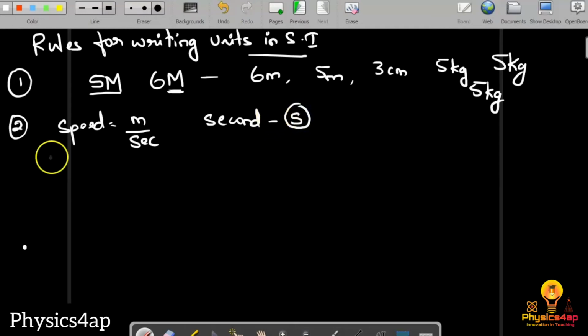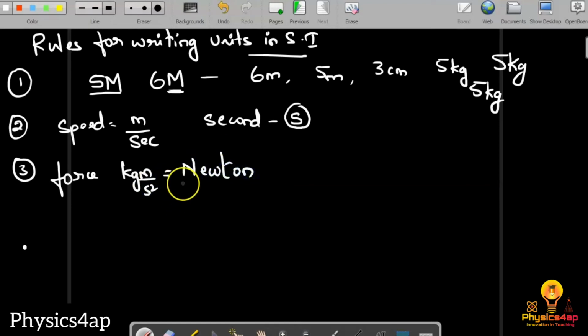Okay, next, the third rule for writing the units. Some of the units are represented by the name of a scientist, like Newton. Okay, so their name should be written in small letters. For example, force we can write as kg meter per second square, or it can be written as newton.